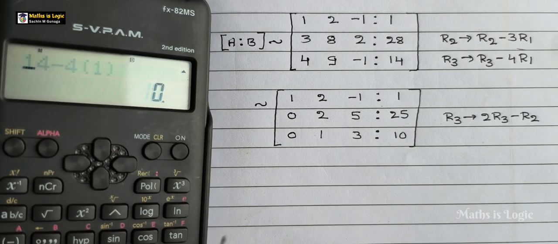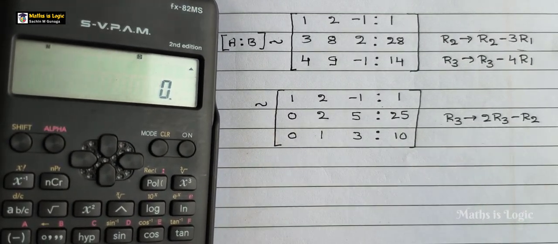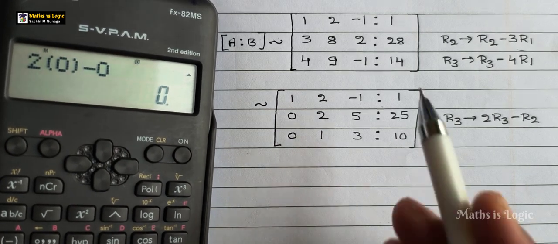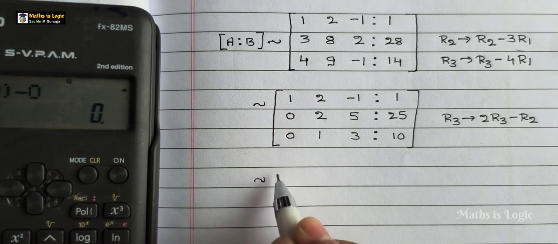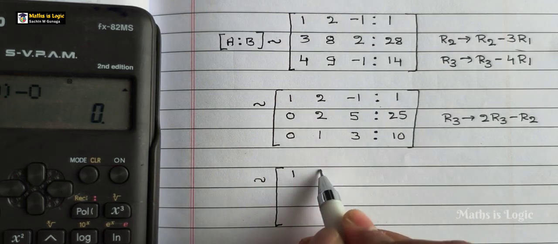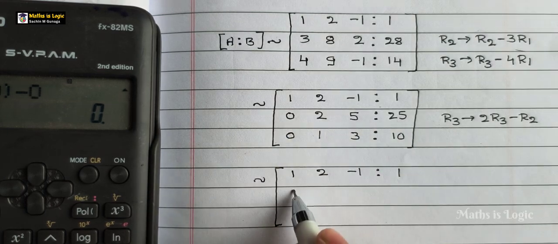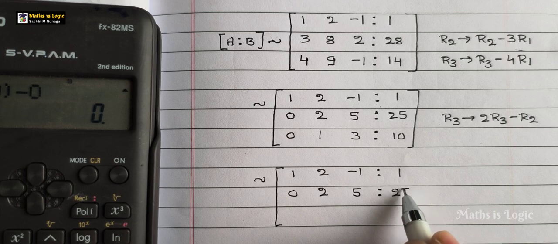Again the same thing, here it directly goes to 0. You can check, 2 into 1 minus 2, so it is 0. Remember, keep R1 and R2 as they are: 1, 2, minus 1, 1. Second row: 0, 2, 5, 25.